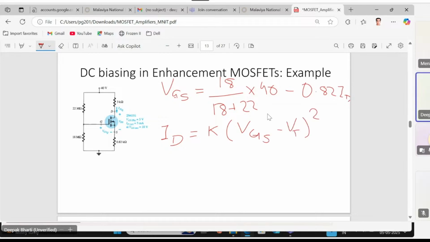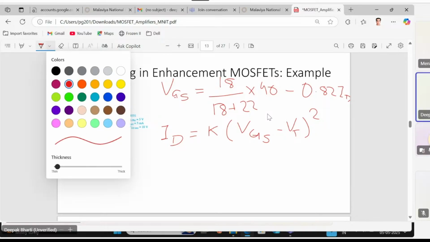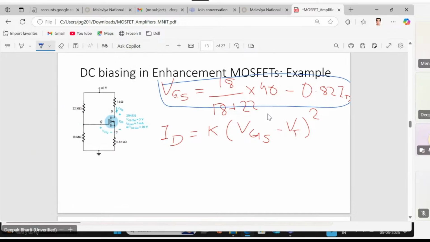This equation of the current is the saturation current equation for the enhancement MOSFET. So we have to solve equation number 1 and 2 together. Again, this will be in the form of a quadratic equation. So let's try to solve.